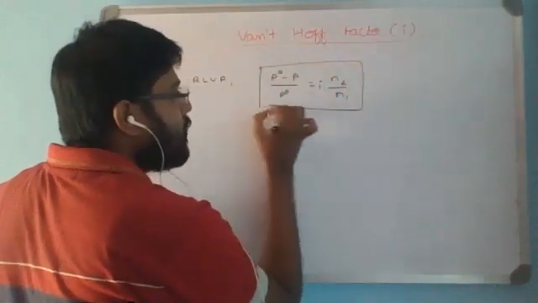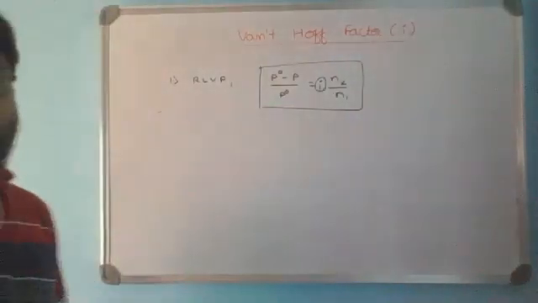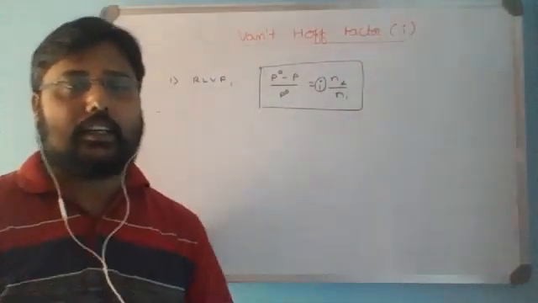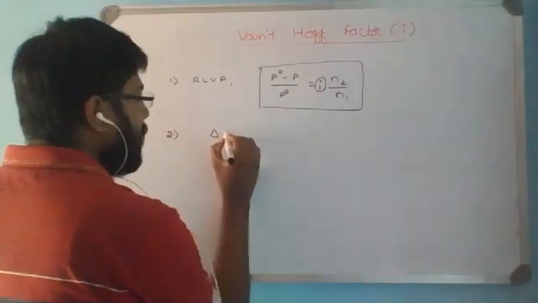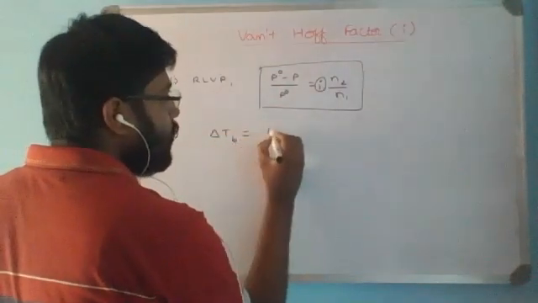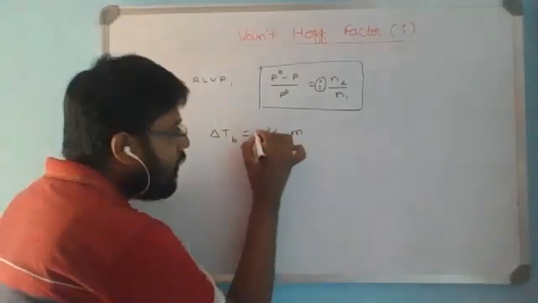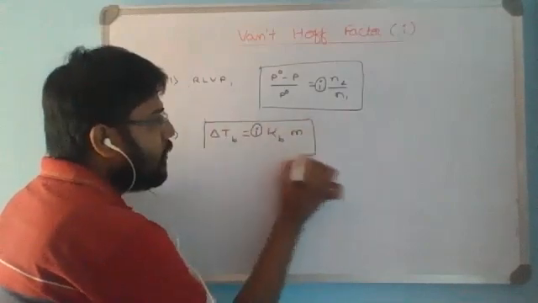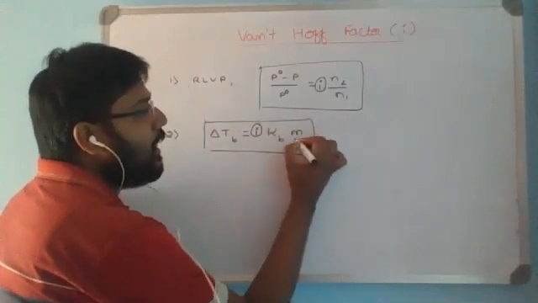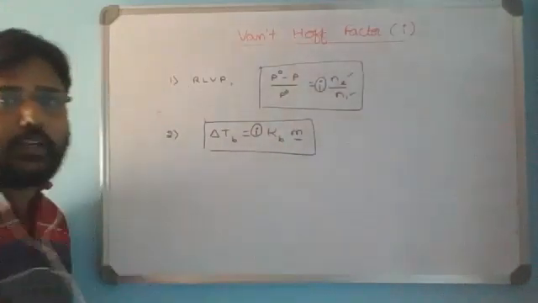The only difference you are observing in these formulas is that i is multiplied on the right hand side in the equations. Similarly, elevation of boiling point, delta Tb is equal to Kb into m, and you take the Van't Hoff factor i on the right hand side. You substitute the molality definition and the number of moles definition to calculate in detail.